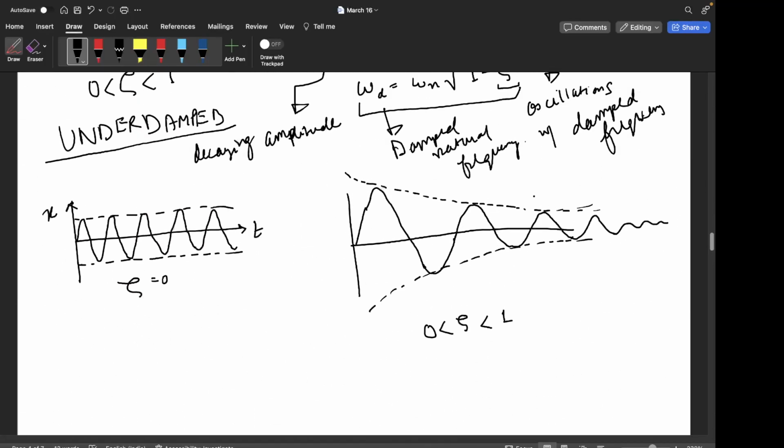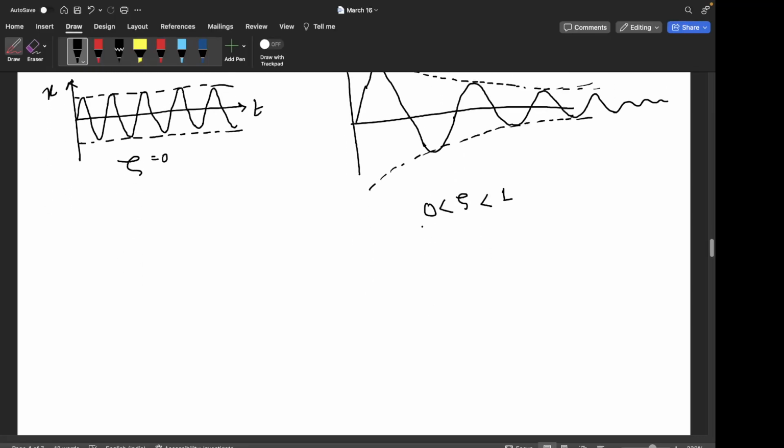So we have seen the underdamped case. Now, the third case is a special case when xi is equal to 1. And in that case, the response is, so we put xi is equal to 1 in the above equation.